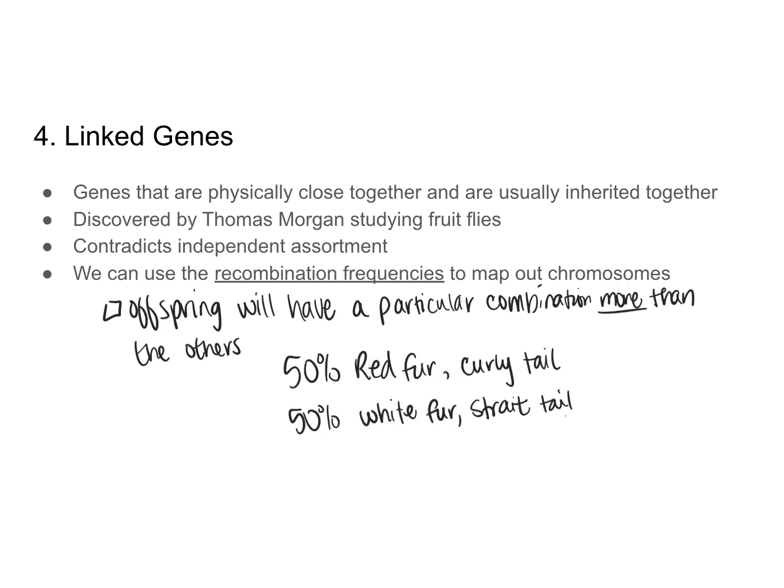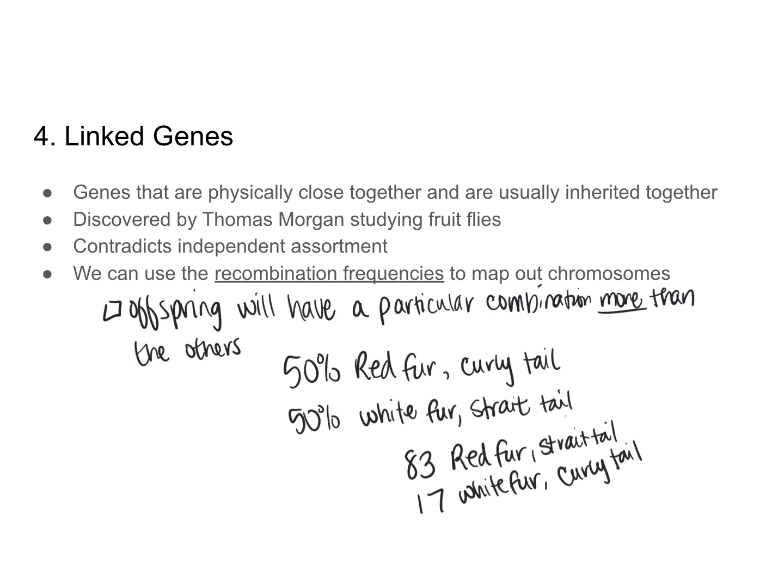You did your dihybrid cross, and what you determined was that the offspring should have been 50% red fur with a curly tail, 50% white fur with a short tail. And when you actually cross the organisms, what you find looks more like this. As you can see, this is definitely not 50%, 50% the way that we were expecting. And so the question would be, why? Why did this come out so different?